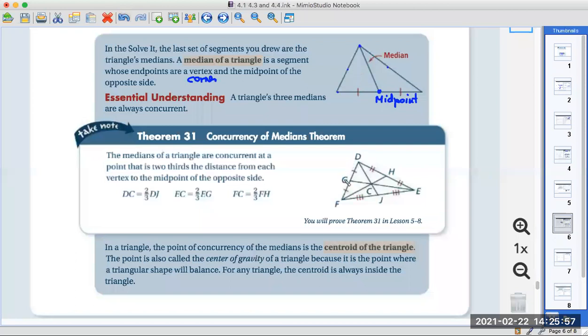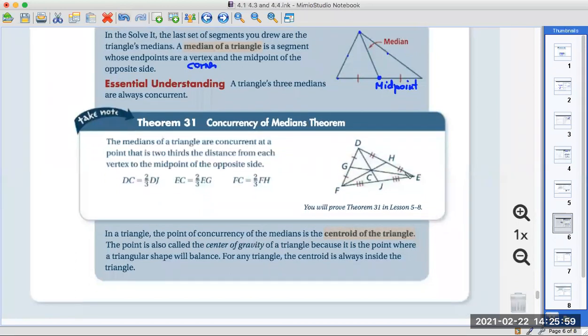Then you have all three medians. And so here it's showing you the picture where you have all three medians, and again, they all concur. Concur means they all meet. They all intersect at the same point. Concurrency means all lines meet at one point.